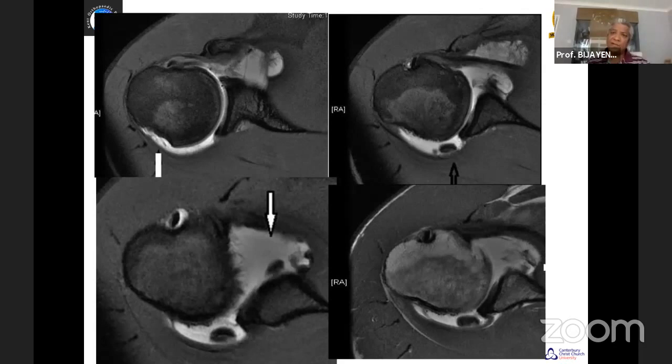For practical purposes, even in patients who have recurrent instability after initial arthroscopic stabilization, if their glenoid loss is less than 20%, I would still offer them an arthroscopic repair with the understanding that they have a higher risk of failure, but at least you're not burning any bridges by doing a bony procedure.